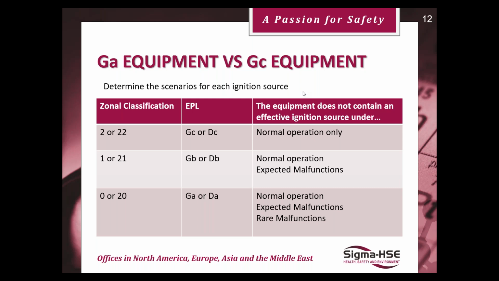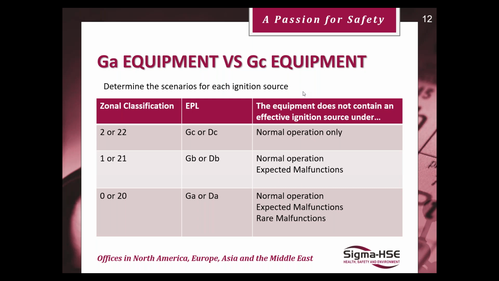And for each hazardous zonal classification type, you have to consider the scenarios where ignition sources can be effective under 3 types. So normal operation, it could be expected malfunction, which is the zone 1s and 21s, and then you also have to consider rare malfunctions.